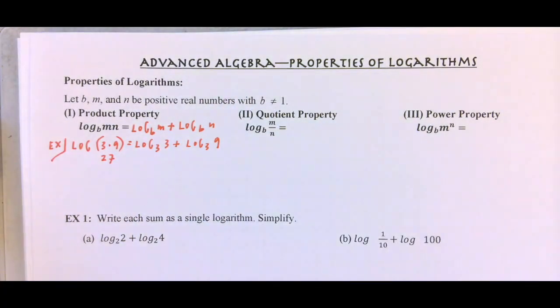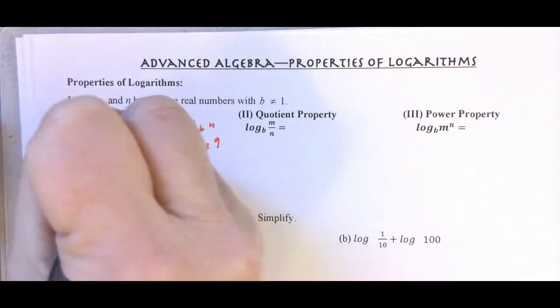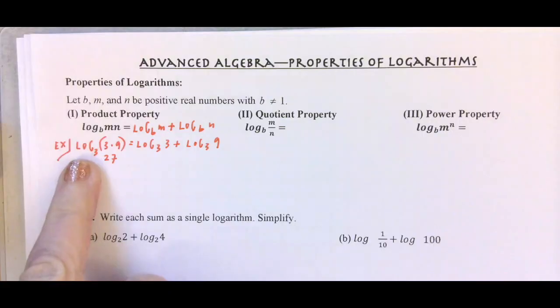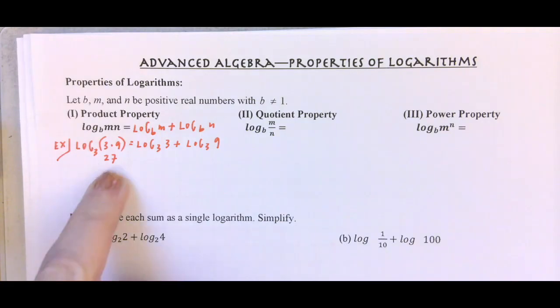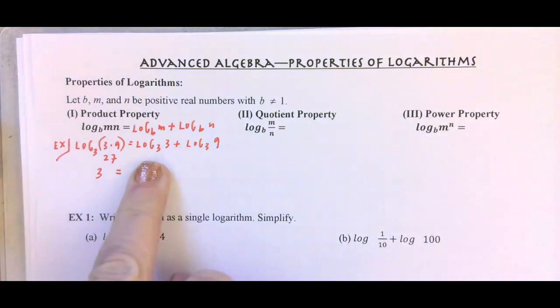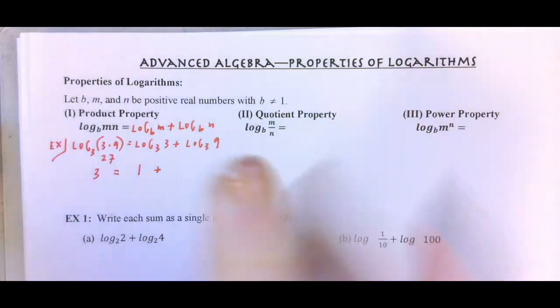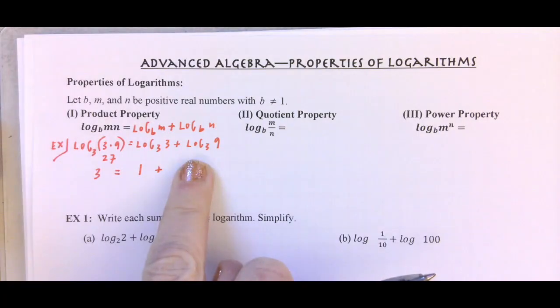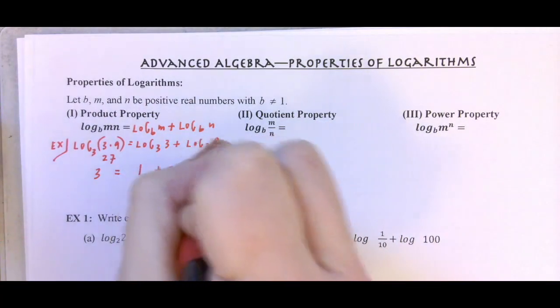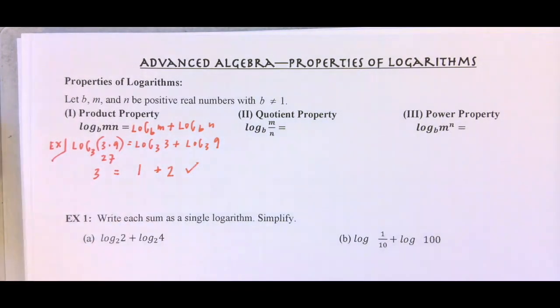Just to show you how that works, log base 3 of 3 times 9 is log base 3 of 27. 3 to the third power is 27, so this cleans up to be 3. 3 to the first power is 3, so 1. 3 to the second power would get us 9, so 2. And 3 does equal 1 plus 2, so that's a true statement.